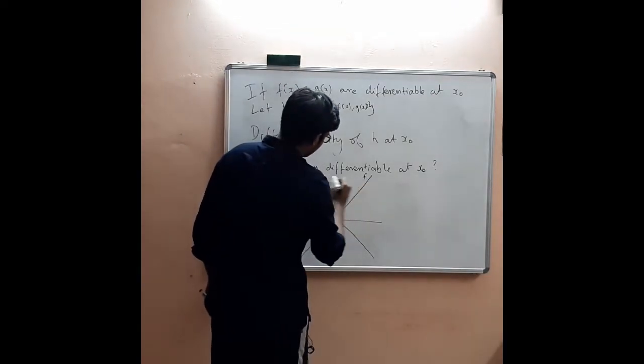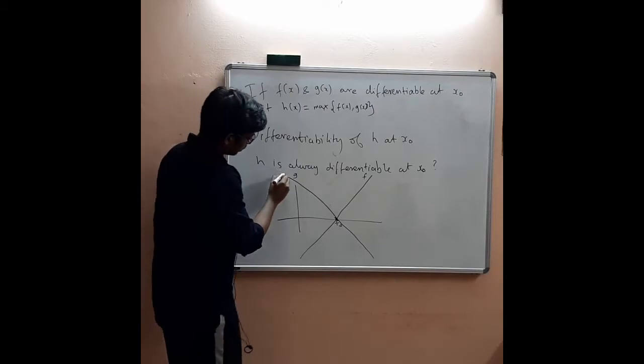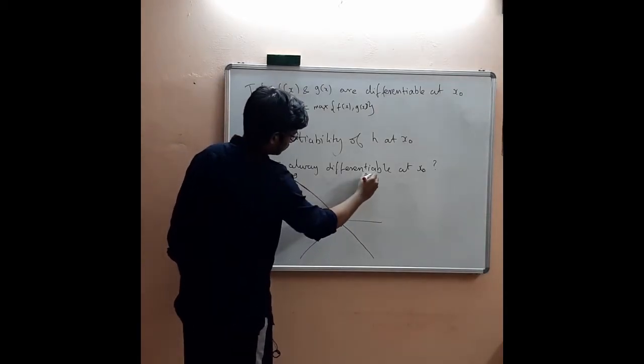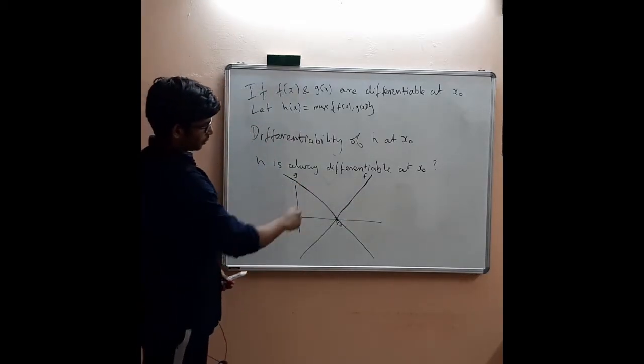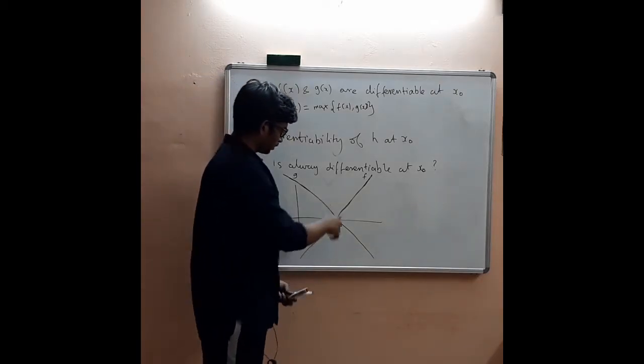Let me name this f, g, and h will be this function. Basically, this is a piecewise straight line. My drawing is not that good, but you can see this.